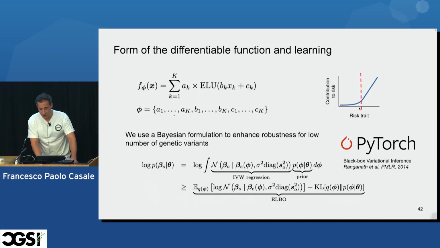And since ultimately when we do this regression, we are fitting the genetic effects on the outcome at the instruments, and typically we observe hundreds, maybe at most thousands of these, the sample size is not very high. So in order to make a robust regression, we need to use a Bayesian formulation. I will not spend too much time on it, but we put a prior over the parameters, and then we optimize the ELBO through black box variational inference.